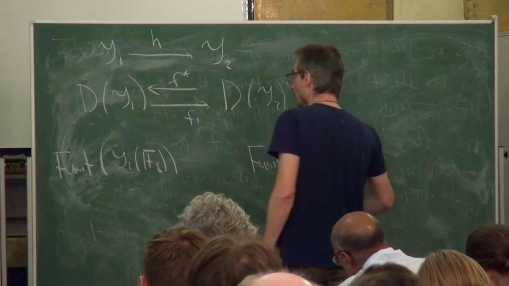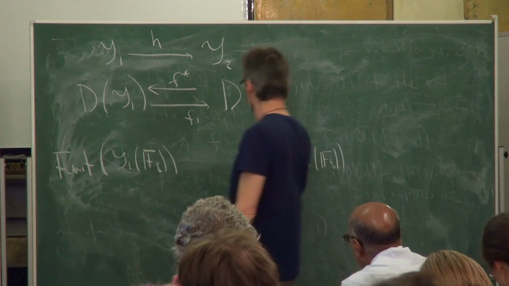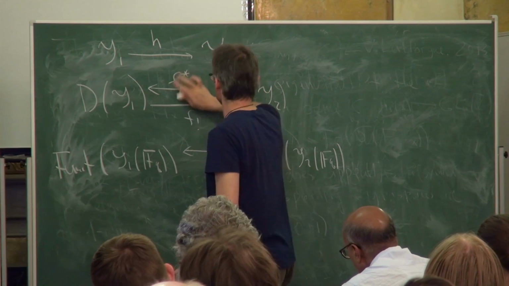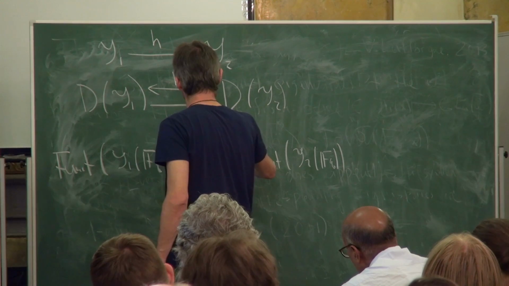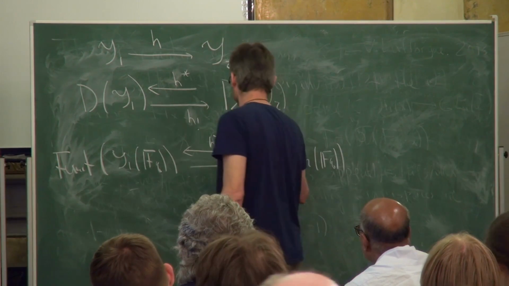And these spaces are also related by similar procedures. If you start with a function here, you can pull it back. Oh, sorry, it's h. And you can also, if you start with a function upstairs, you can sum it up along the fiber.